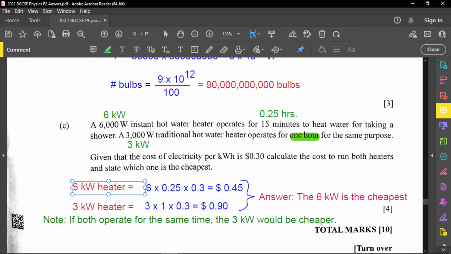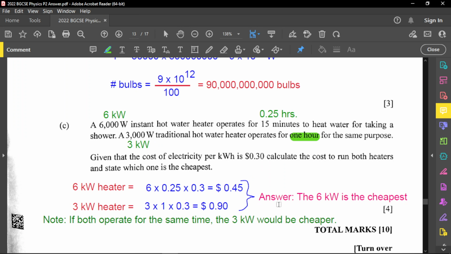And so for the 6 kilowatt heater, you're going to have 6, which is the power in kilowatts, multiplied by the time in hours, which is 0.25, times the cost, which is $0.3, and you get $0.45 or 45 cents. For the 3 kilowatt heater that operates for 1 hour, it's 3 times 1 times 0.3, you get 90 cents, or $0.9.